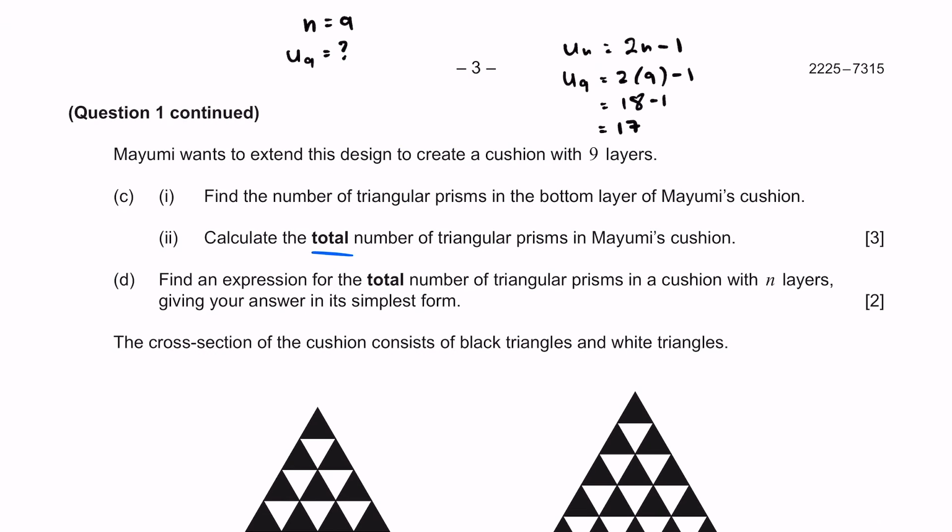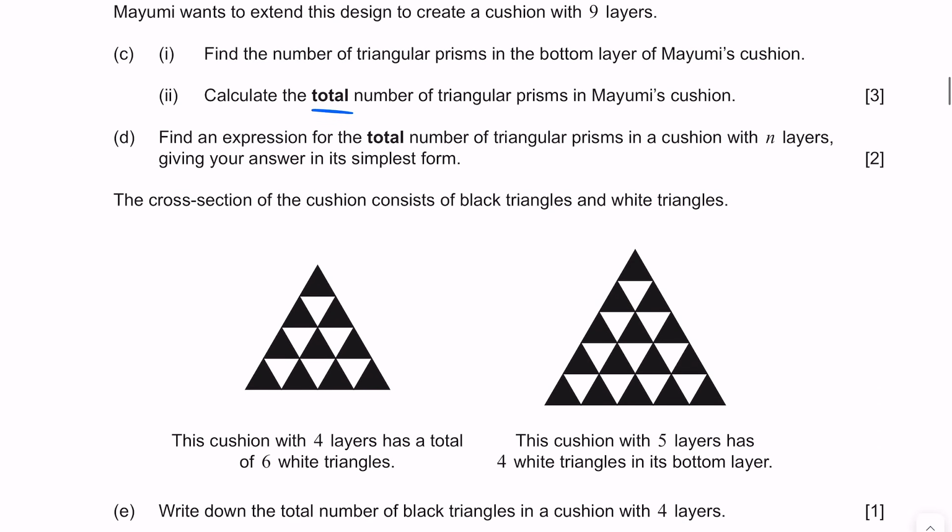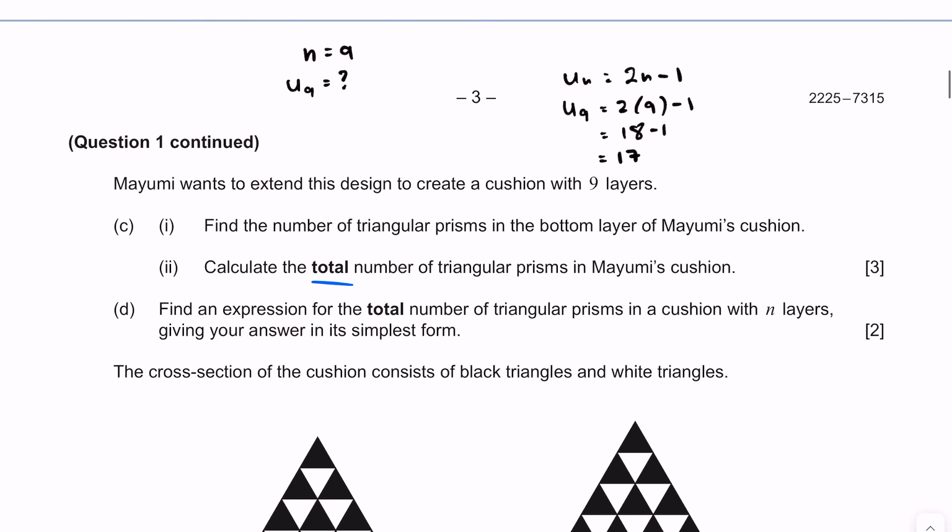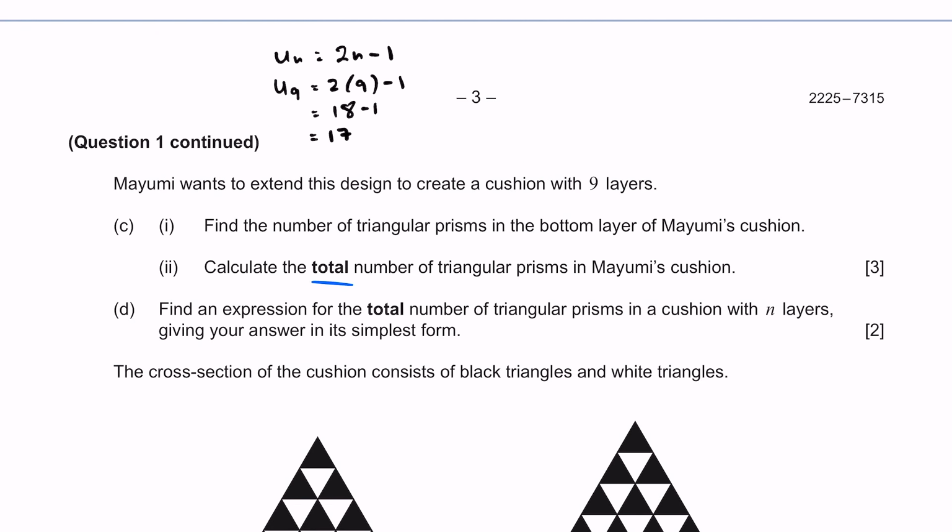Okay, so let's write it out. I'm actually going to move this a little. This I think we can delete, but this I'll move over, and I'll use this space here. Okay, so what's our formula? Sum of n terms is equal to n over 2, u1, value of the first term, plus un, value of the nth term.